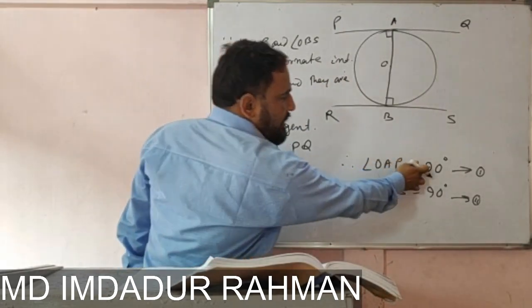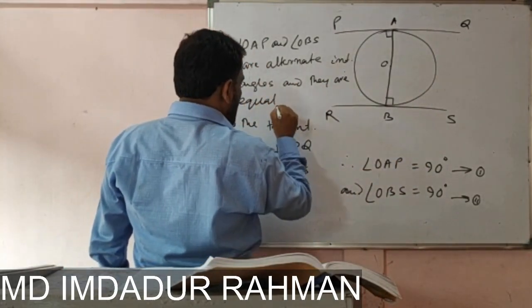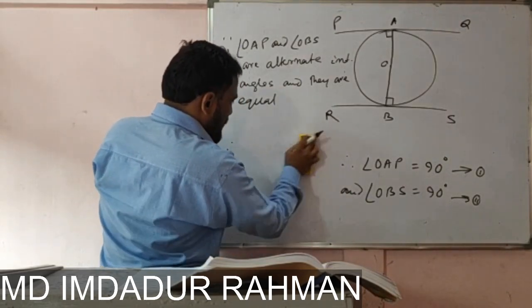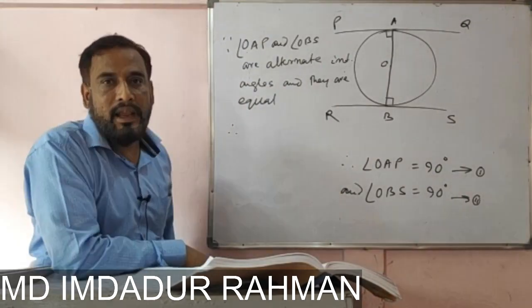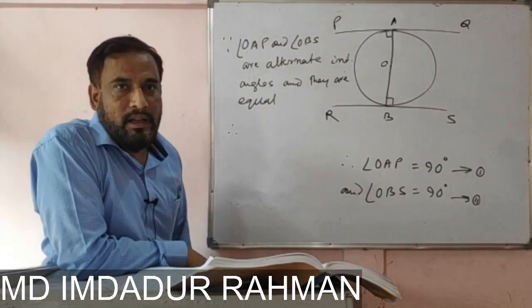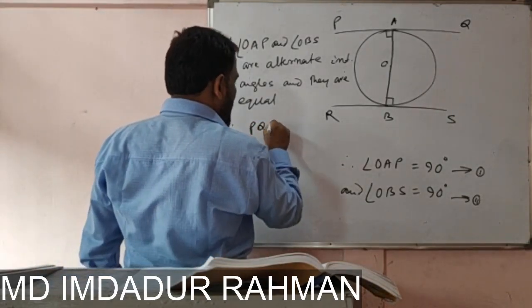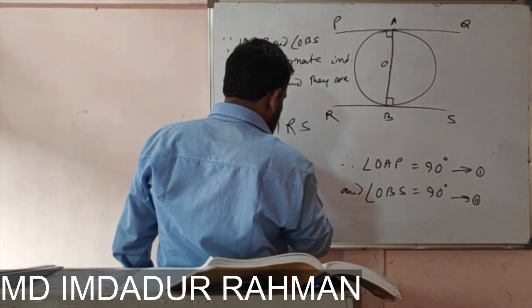Equal, because each is 90 degrees. So if two alternate angles are equal, then their corresponding lines are parallel. Therefore, we can say that PQ is parallel to RS. Hence, proved.